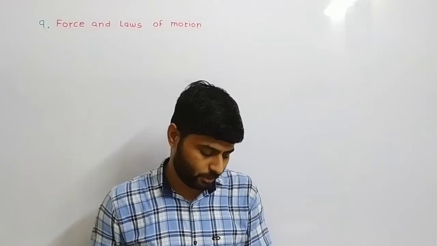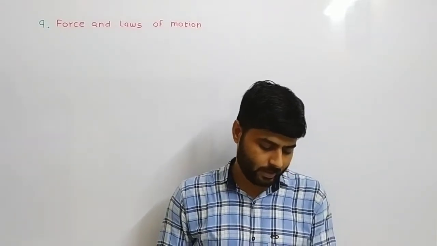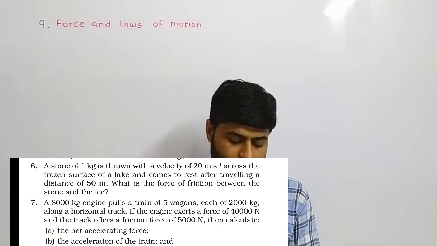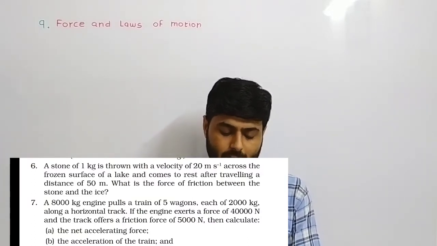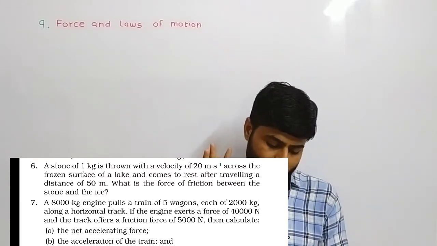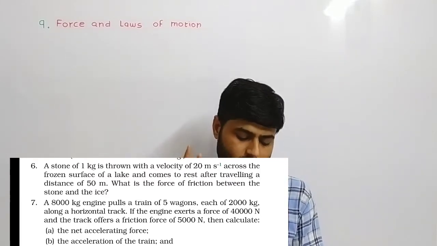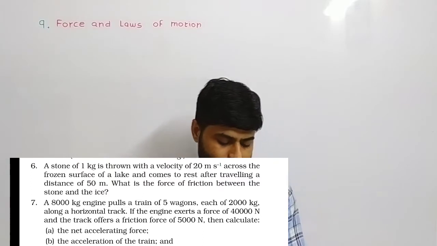Now we have question number 7. I read the data first. An 8,000 kg engine pulls a train of 5 wagons, each with 2,000 kg mass, along a horizontal track.